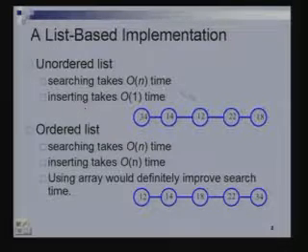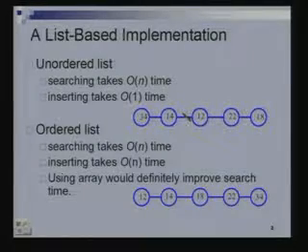And deletion, how much time will deletion take here? Order n, because first we have to search for the element that we are trying to delete. How much time would successor take here? Order n, not order 1, because suppose I ask what is the successor of 12 in this dictionary. The successor of 12 is not 22, it is 14, which is the key following 12 in the order relation.